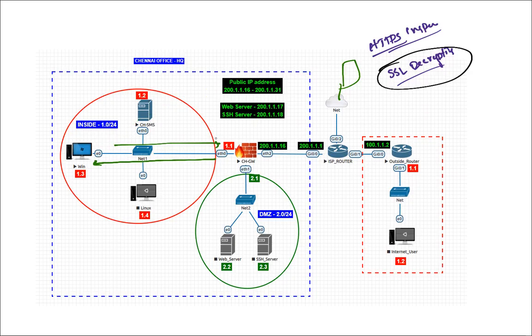But since we are doing HTTPS inspection, you cannot allow the client to talk directly to the server. So when the client asks for the certificate for trust, instead of getting it from the real Google server, we issue a certificate for google.com. And that certificate is signed by whom? It is signed by the Checkpoint gateway itself.